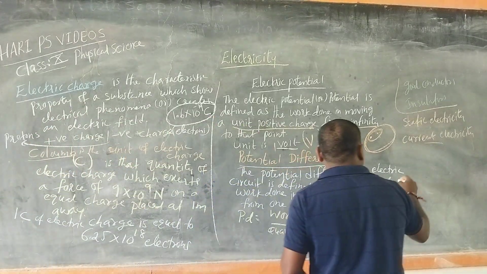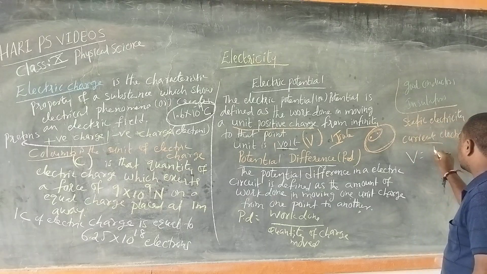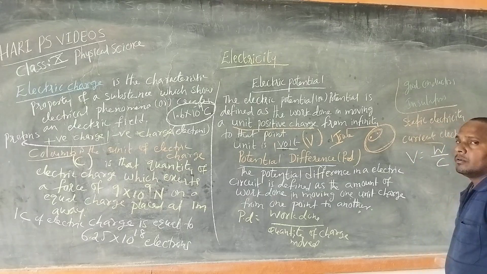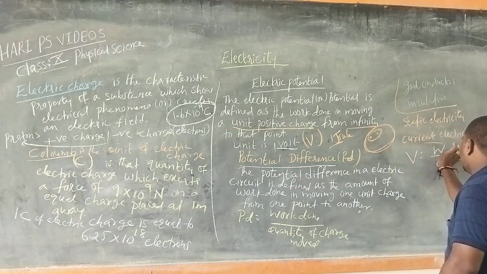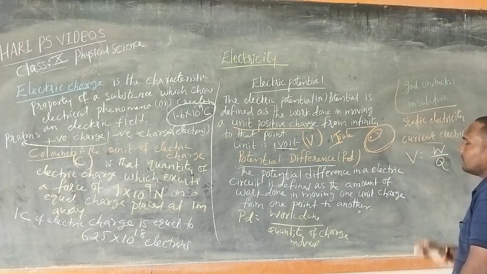So we can represent it as V is equal to W by C. Instead of C we can write Q, electric charge.